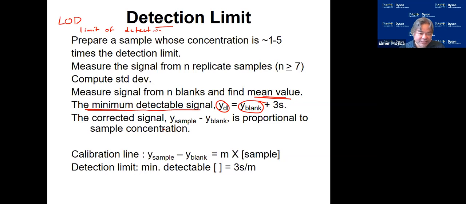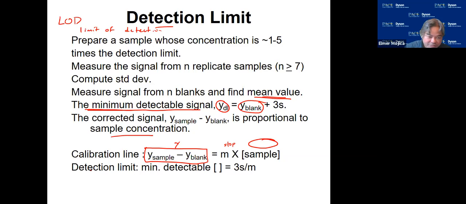Okay? And the corrected signal, y sample minus y blank, is proportional to the sample concentration. And you can do a calibration curve wherein this is your y, and then you have a slope, m, times the concentration of the sample.